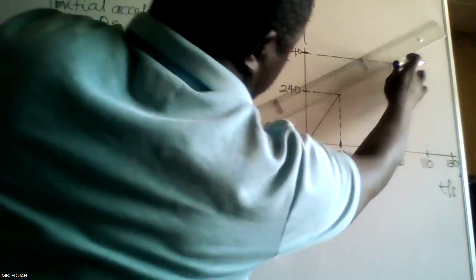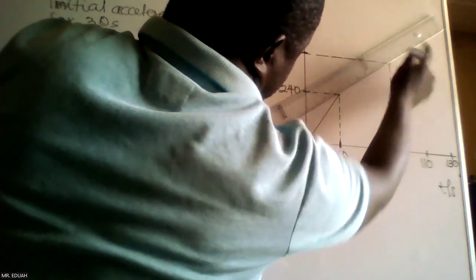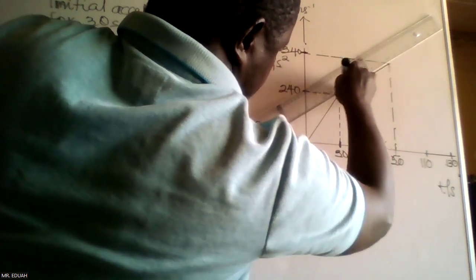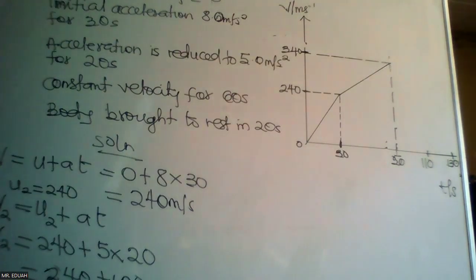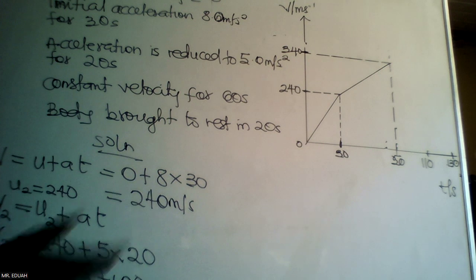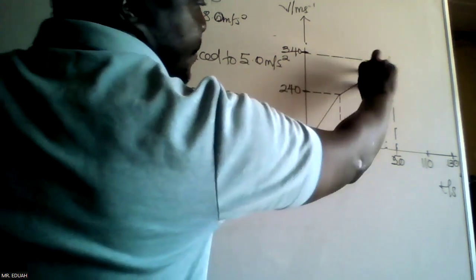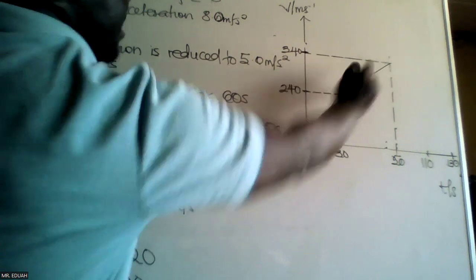Good. Because the acceleration is reduced, we need to have a lesser gradient compared to the acceleration of 8. So that's it. If the acceleration is reduced, then the slope must be less than that of the higher acceleration. Yes, this must have a greater slope than this one because the acceleration of this is greater than that.